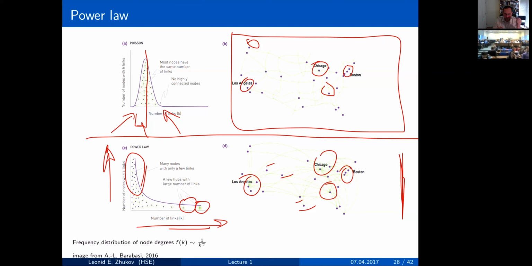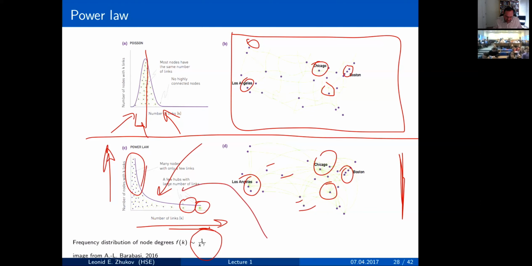Mathematically speaking, this curve obeys what's called a power law, and it can be described by the function 1 over k to a certain power. So 1 over k squared, 1 over k cubed, etc. It's a power law because it's k to a power.